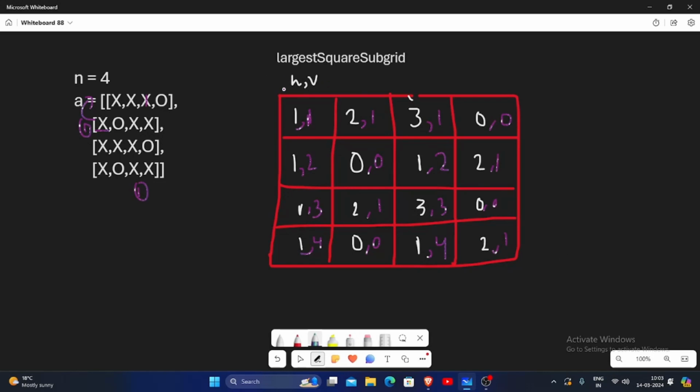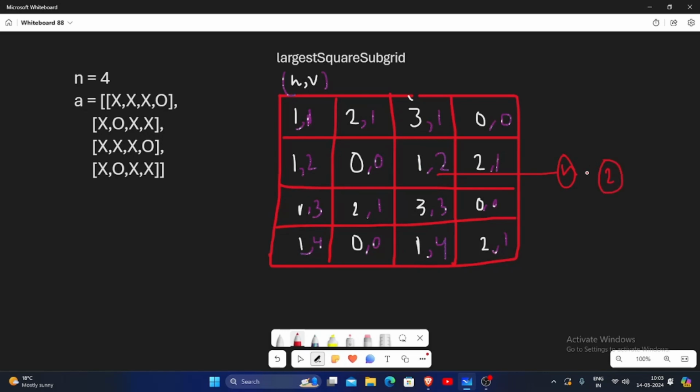Now I have horizontal and vertical here. So what we are looking for: if I am at this point, can I get to know the maximum horizontal I am forming this far? Yes, 2 is the maximum.